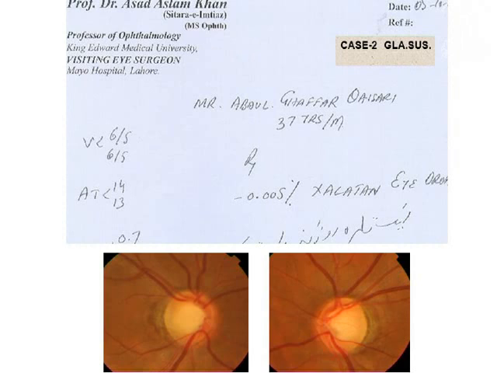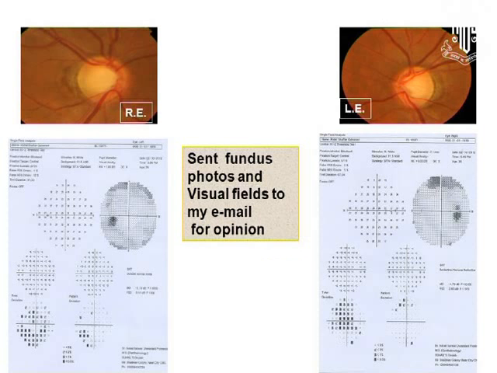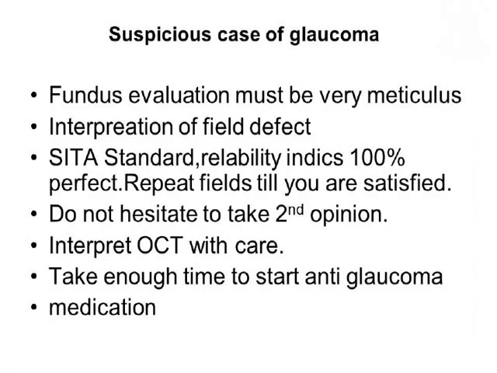And the ophthalmologist started the treatment. But when this army man went to another ophthalmologist, he studied the fundus very carefully. He found it difficult to label as glaucoma. He sent me a mail asking what is the opinion, Dr. Reddy, in this case. Then we kept the patient under observation.